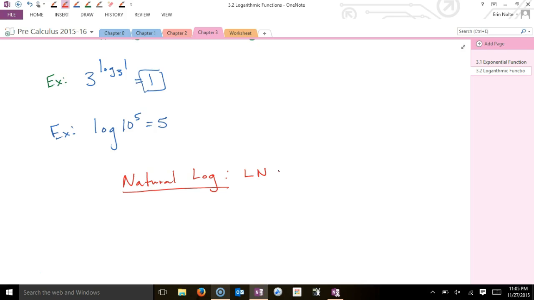The thing about a natural log is it can only have one base, and the base is always the same no matter what. It's a base of e. Very good. In a natural log, it's always e. And that's what makes it a natural log, if it has a base of e. That's it.